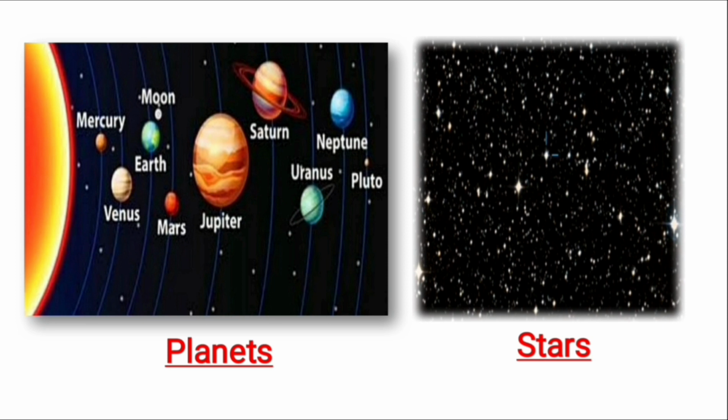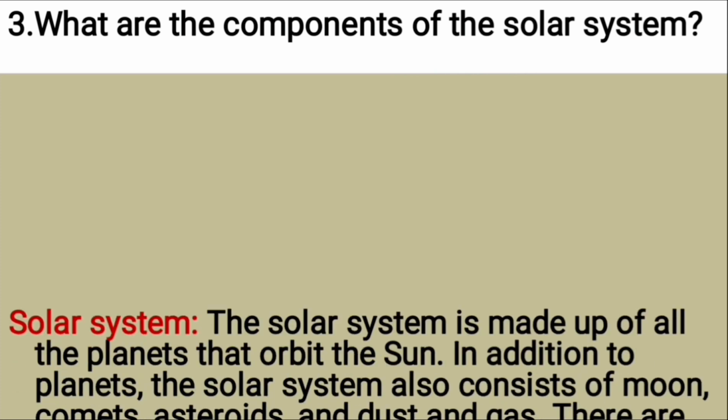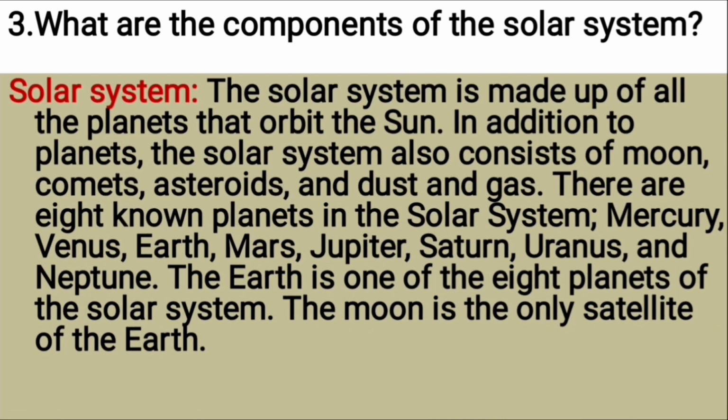Then our next question is, what are the components of the solar system? Answer. The solar system is made up of all the planets that orbit the sun.